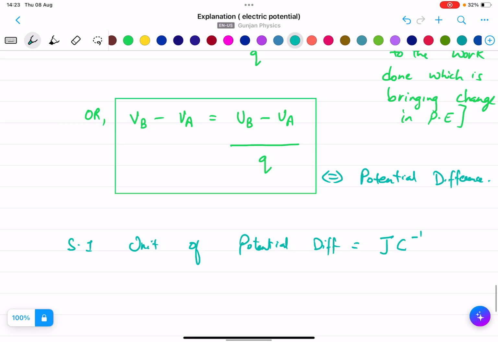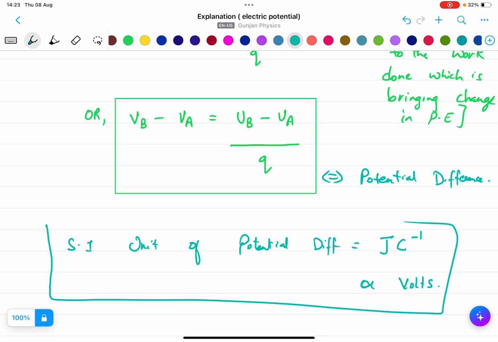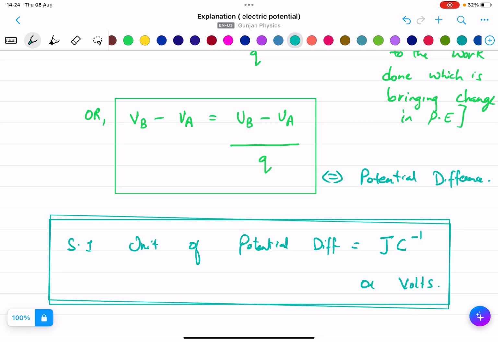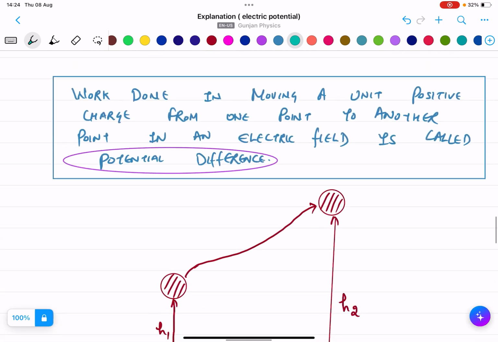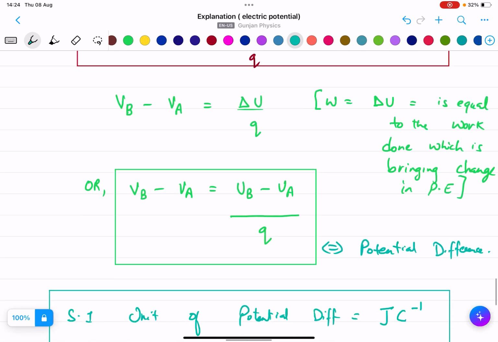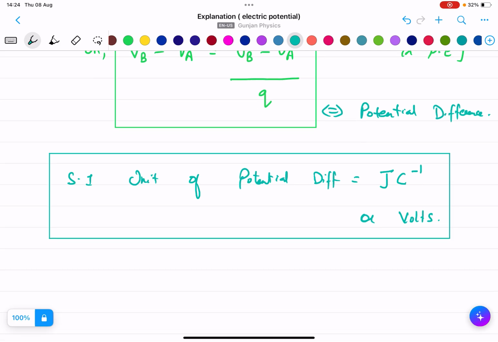So joule per coulomb. Or I can say simply volts. Okay, so this is the SI unit. So I hope you understand what is the definition of electric potential, what is potential difference, and what is the SI unit of potential difference. So these things you need to remember.